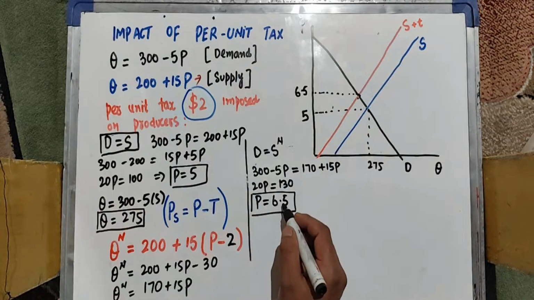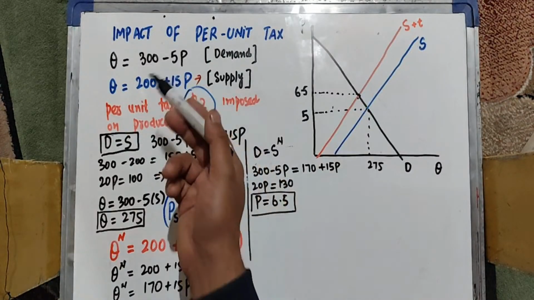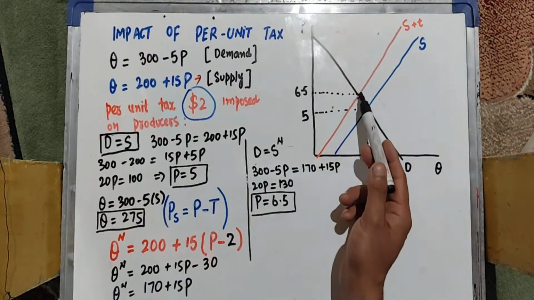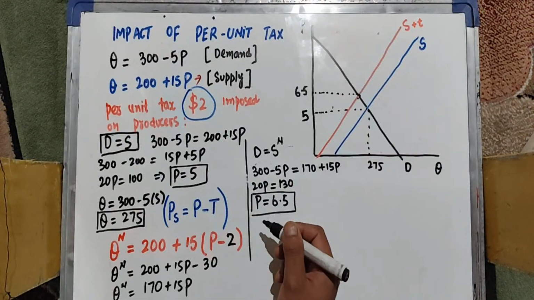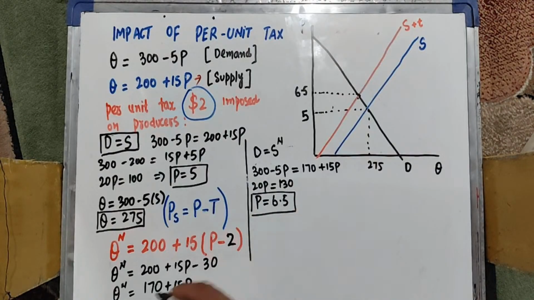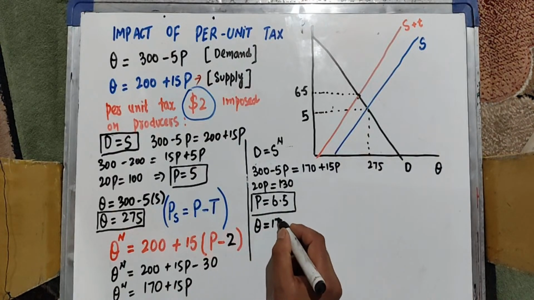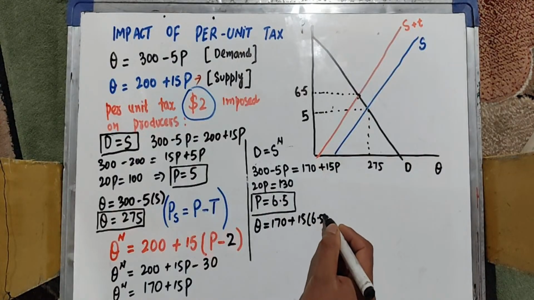So plug P equal to 6.5 into either the demand or the new supply function. Let's plug it into the supply function. So Q will be equal to 170 plus 15 times 6.5.